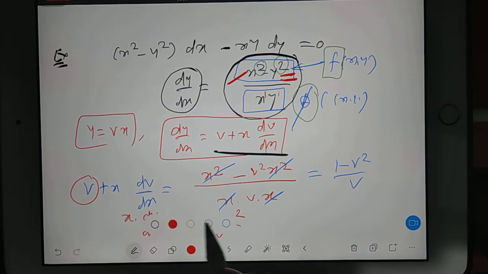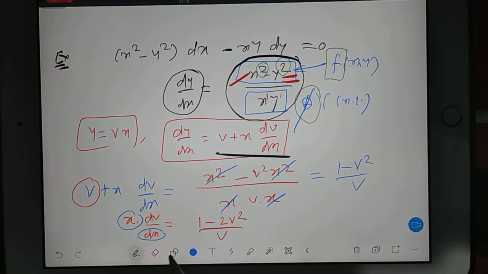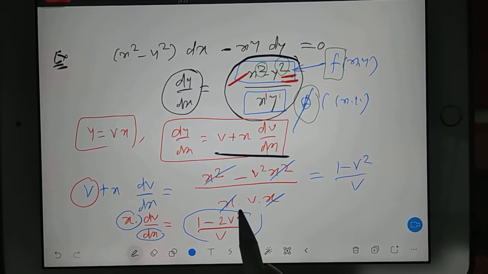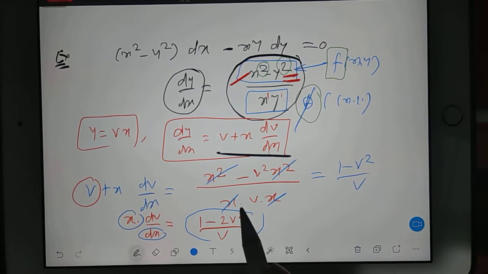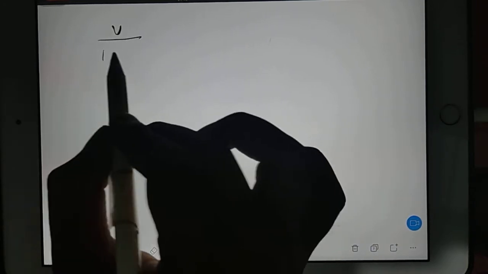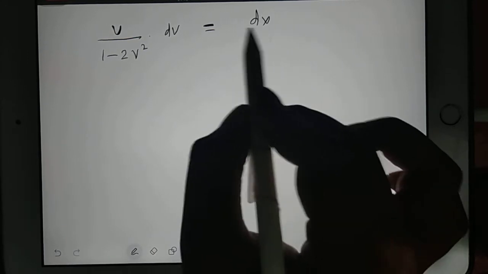So now I will have this dx and this x. These two I will take one side and the remaining dv part and v part I will take one side. Then it will give me a good equation. That equation I will integrate. I will change the page. See, it will look like this: v by 1 minus 2v square into dv is equal to dx by x.